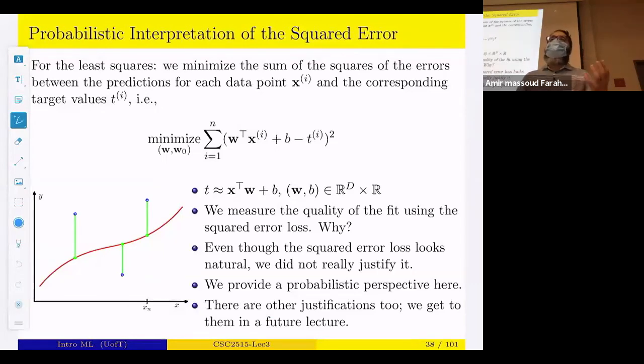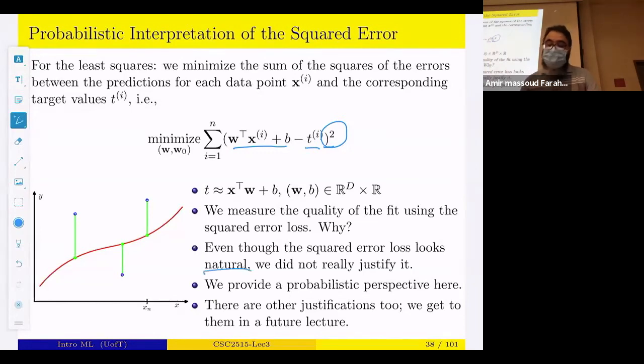So we use L2 squared error as a loss function for regression. The loss function was something like this, and we had the L2 error between what the model predicts and the true value as the loss function. So the question is why we chose that. I mean, that was reasonable. Many of you suggested that we should do that.